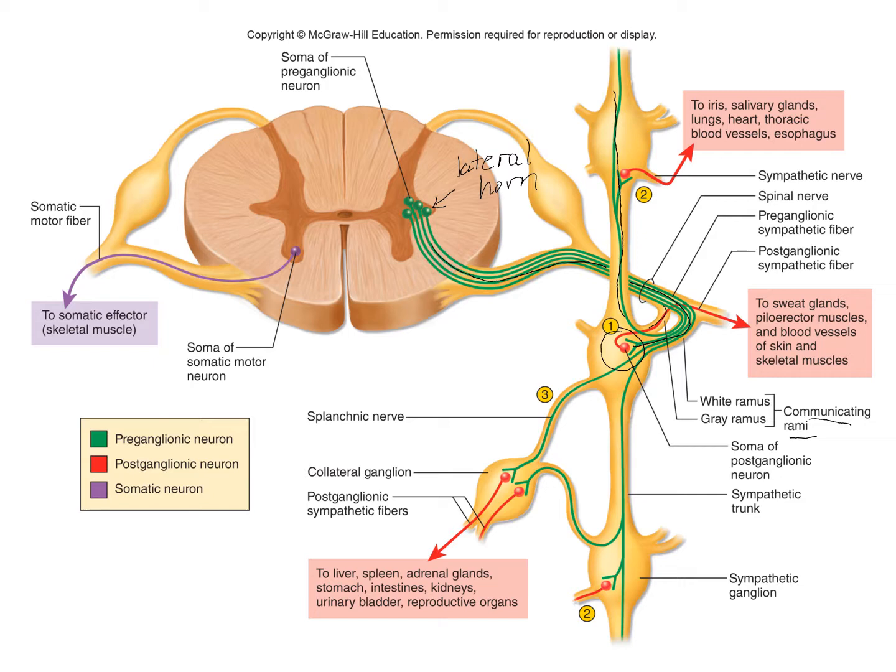You'll see axons reaching out to sweat glands, piloerector muscles, blood vessels of the skin, skeletal muscles, etc. And then you'll also see innervation of a lot of our thoracic and abdominal organs, liver, spleen, adrenal glands, stomach, intestines, kidneys, etc. And those are all, of course, abdominal and pelvic cavities.